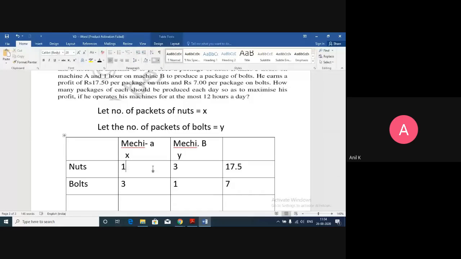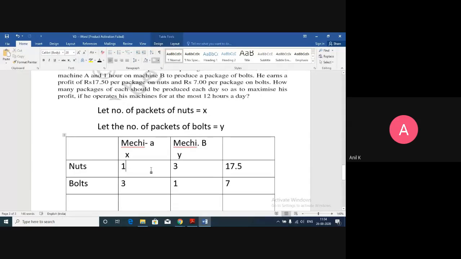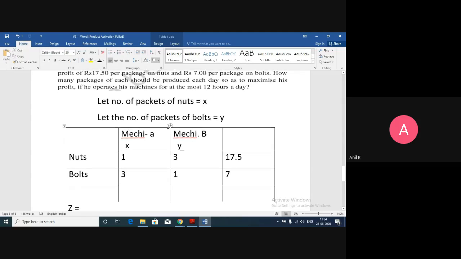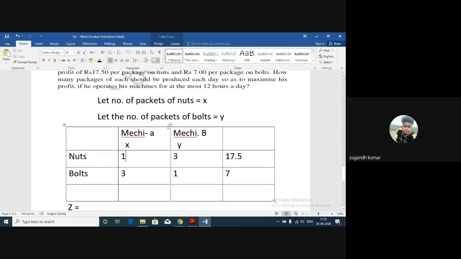Maximum you can use 12 hours of machines. He operates his machines for at most 12 hours a day. Is it each machine 12 hours or together? I think each machine is for 12 hours, not for one. Both the machines he can operate 12 hours a day.